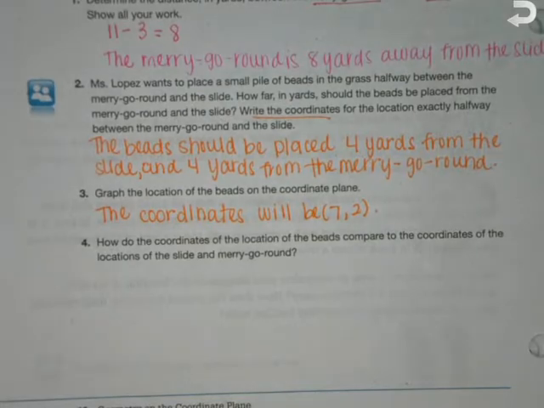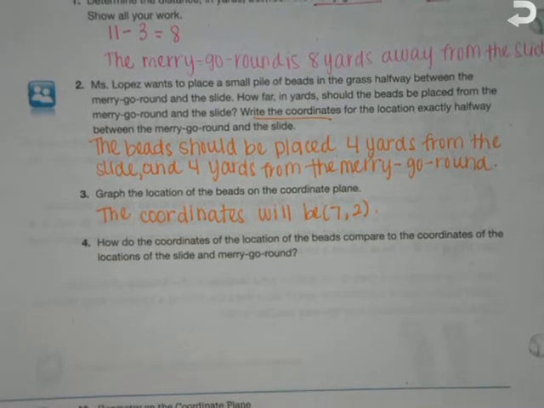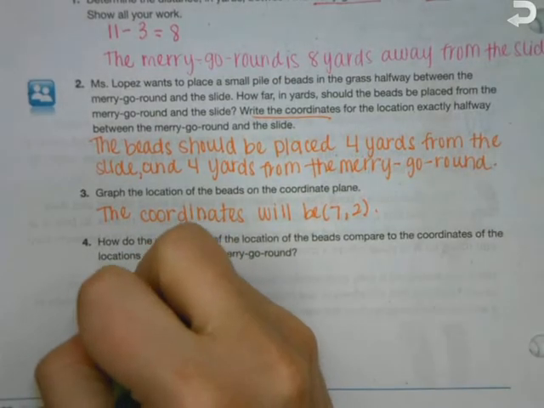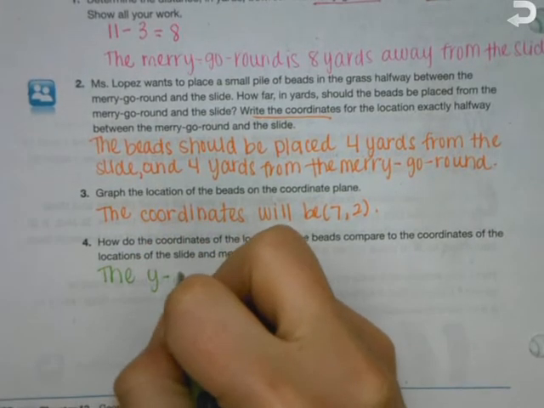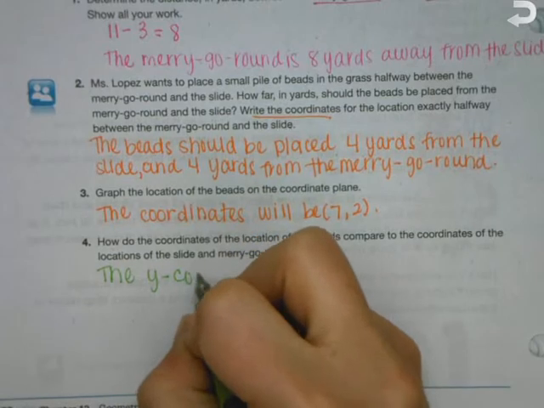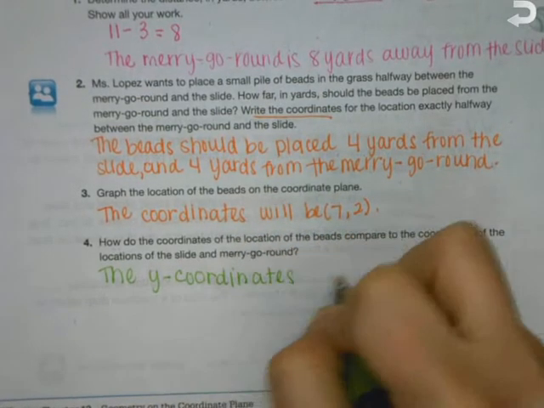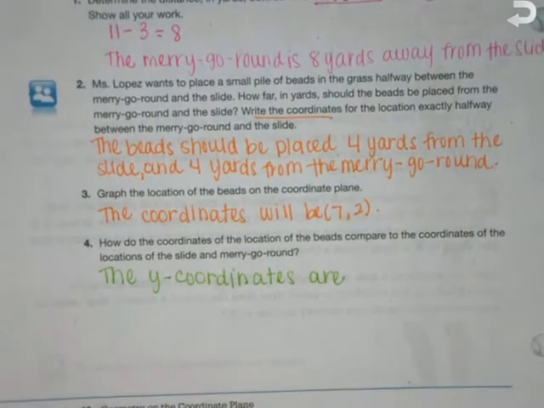So let's look at number 4. How do the coordinates of the location of the beads compare to the coordinates of the location of the slide and the merry-go-round? I'm going to give you a sentence frame and I want you to fill it in for me, okay? So the y coordinates are what?